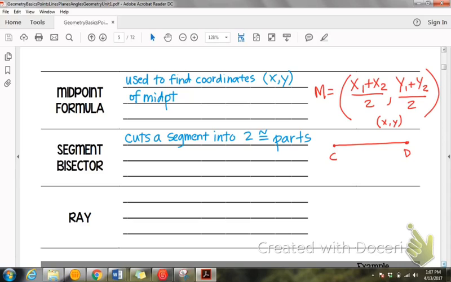So I'm going to go ahead and draw a line segment over here, CD. And if I say line M is a segment bisector, then that means that line M has just cut this piece to be the same as this piece.